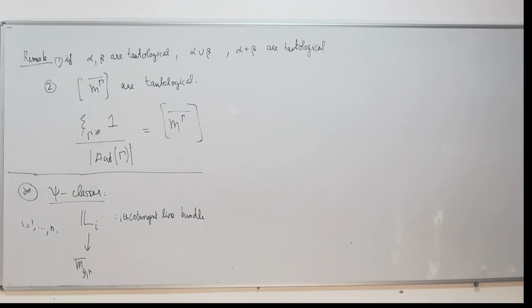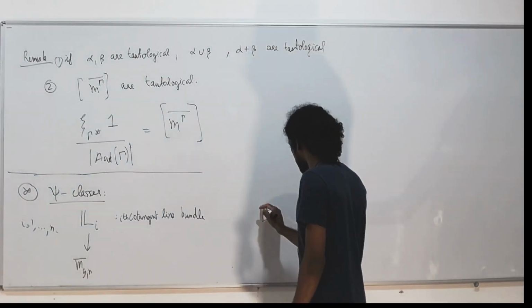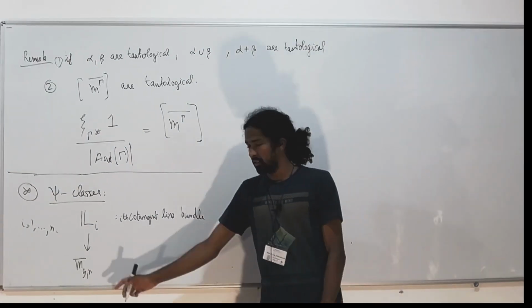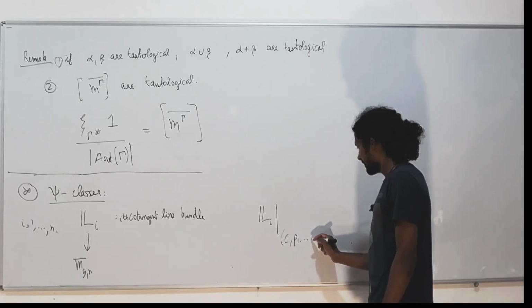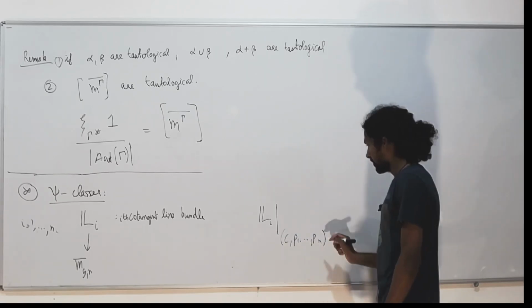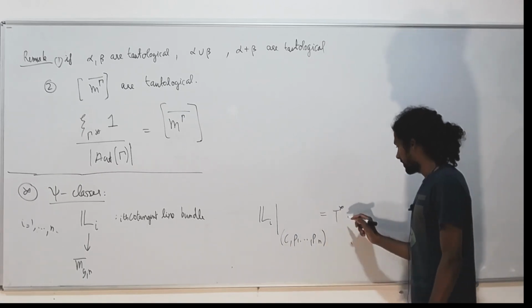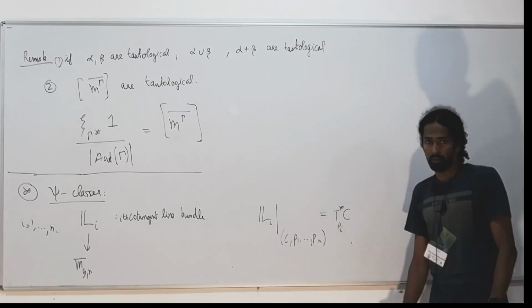The line bundle is defined such that if you take the fiber at a point on the moduli space, which is a stable curve with a bunch of marked points, that's just the cotangent space of the curve at the ith marked point.